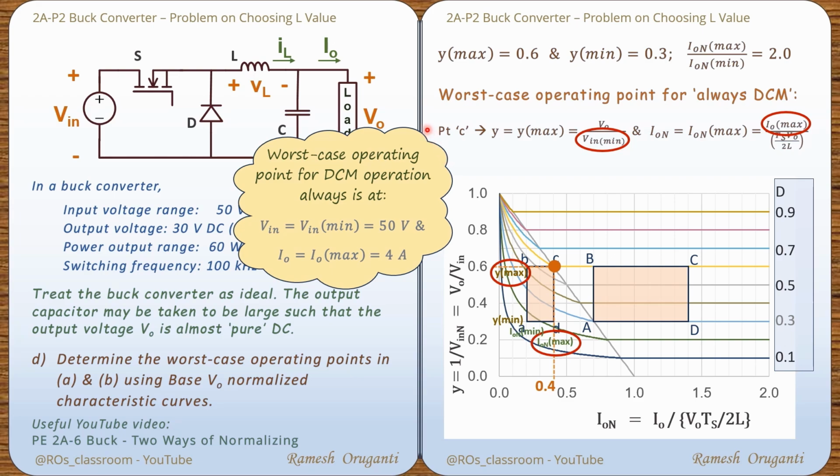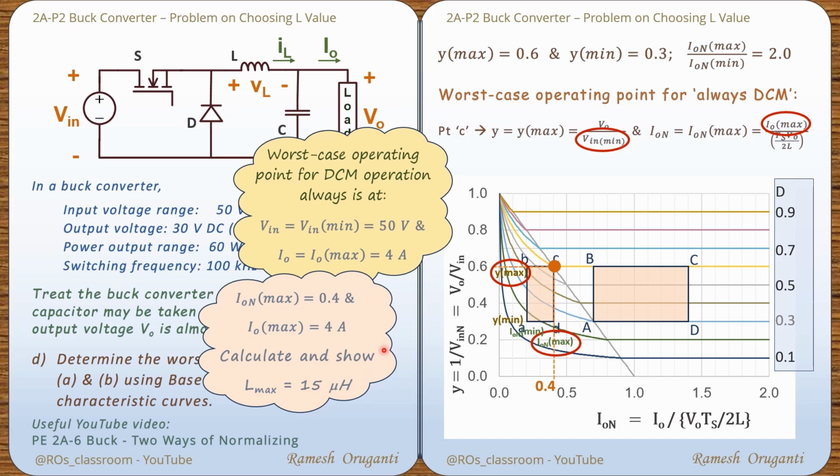So ION max is 0.4 and the corresponding IO max is 4 amperes. So using these two, we can show that L max is 15 microhenry. Again, as I said, we will give a slight safety margin. Instead of using 15 microhenry, we will use a slightly smaller inductance.